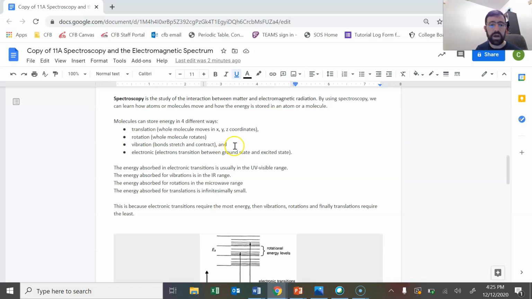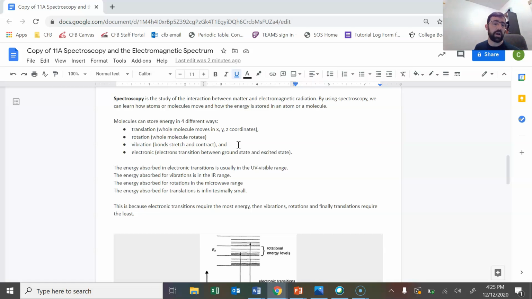Vibration means that the bonds are stretching or contracting. So say we've got 2 atoms that separate from each other a little bit and then get closer together. So they're expanding and contracting that bond. They're getting closer together, farther apart. That's called vibration.